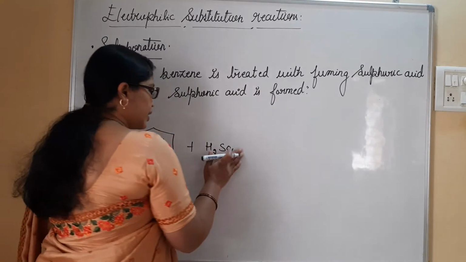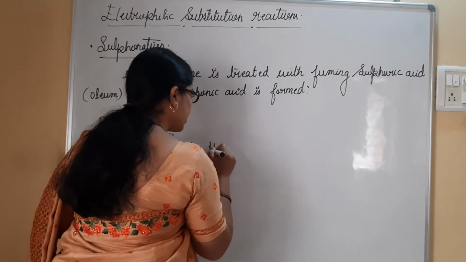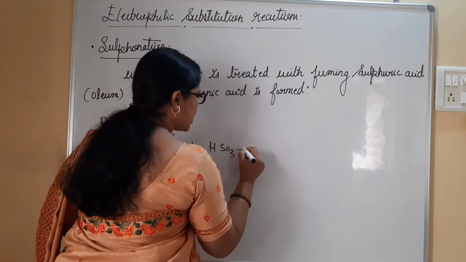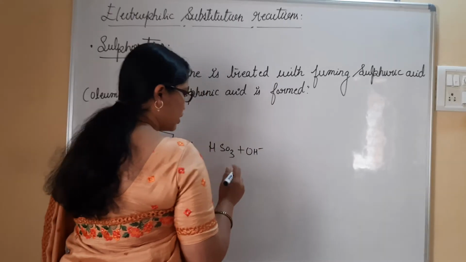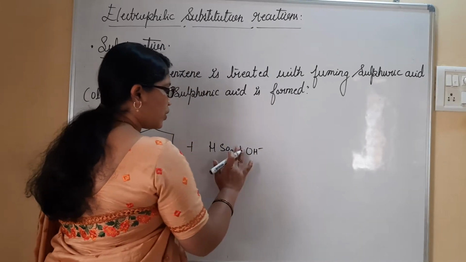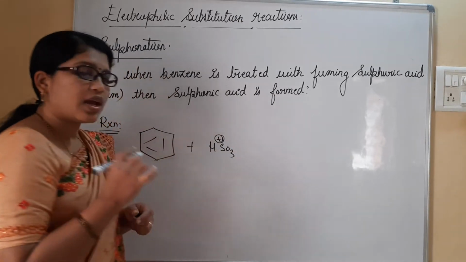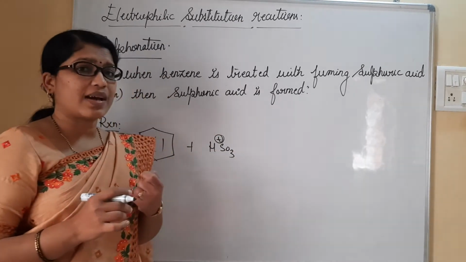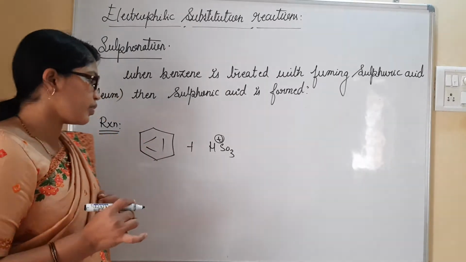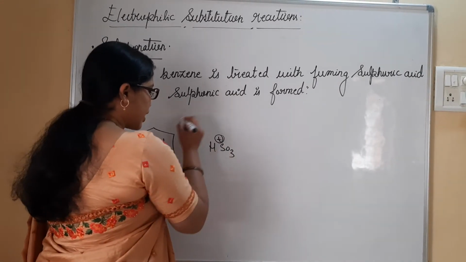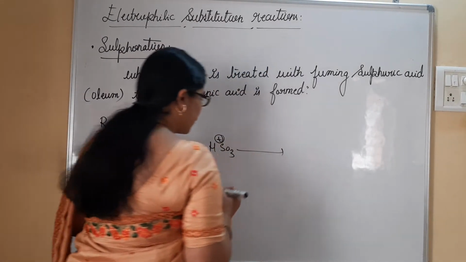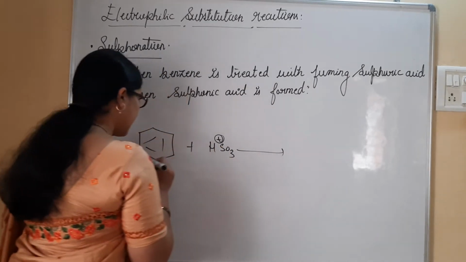It will be ionized into HSO3 plus and OH minus. Now this HSO3 plus has a positive charge and is referred to as an electrophile. Now this is going to attack the benzene skeleton to form benzene sulfonic acid.